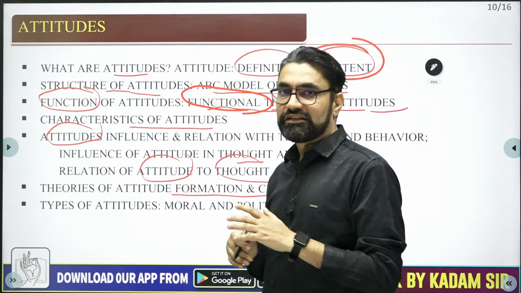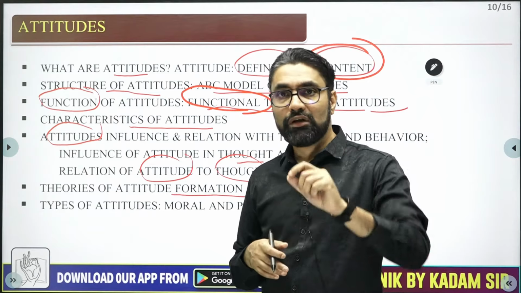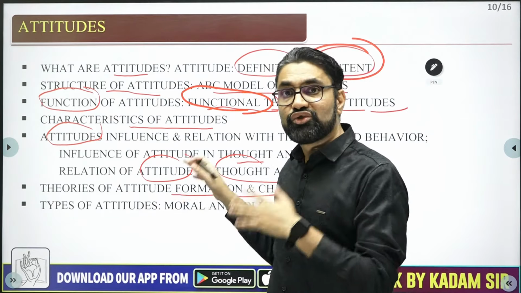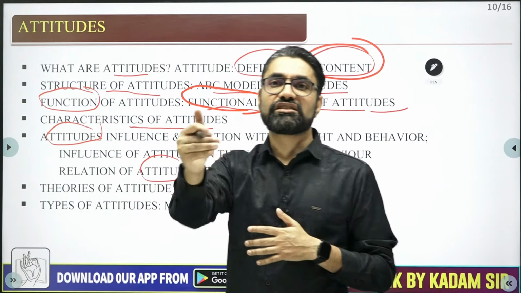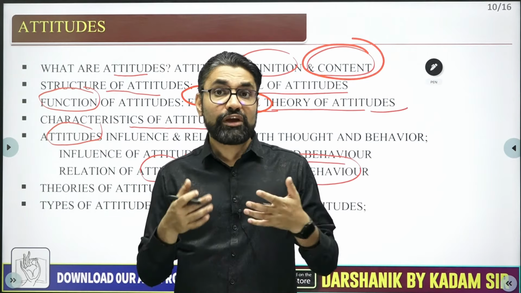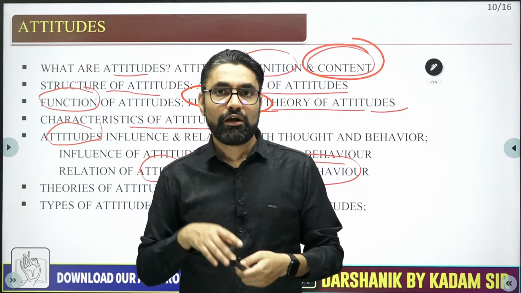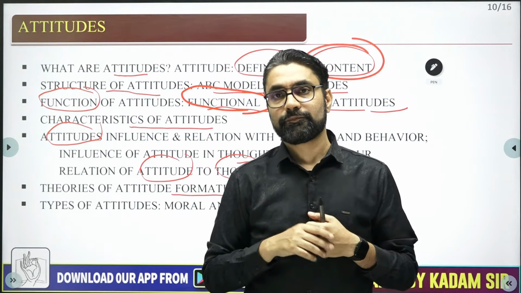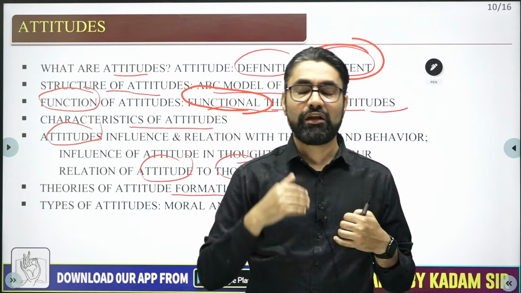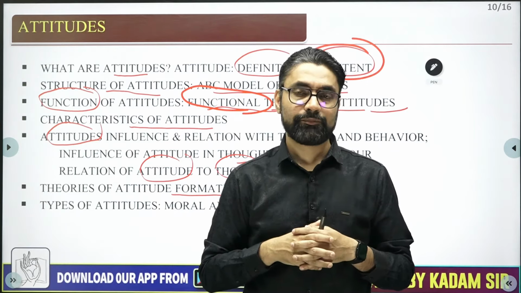This is a very important part, and you need to understand it very well, because in most of the case studies, they will tell you this attitude formation part will be involved, and you need to use this theory to change those attitudes. So they will ask how you can ensure that people of India do less carbon pollution. Then you need to use all these theories of attitude formation and change to reduce carbon pollution.